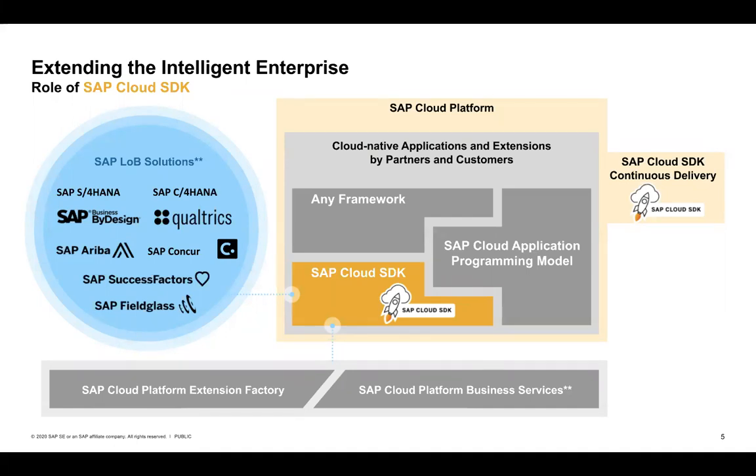And here we see the Cloud SDK doing two functions. One is it helps developers to consume SAP Cloud Platform services or APIs and endpoints from other SAP products, like on the left-hand side, S/4HANA, SuccessFactors, Concur, and others.